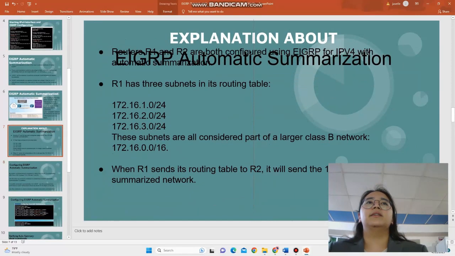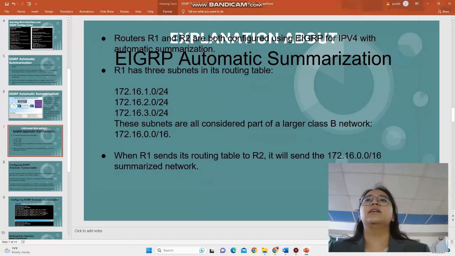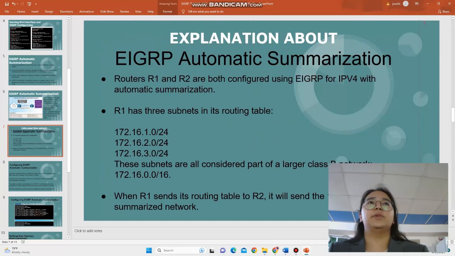These subnets are also considered part of a larger class B network. So, this one. Then, when R1 sends its routing table to R2, it will send the 172.16.0.0/16 summarized network.